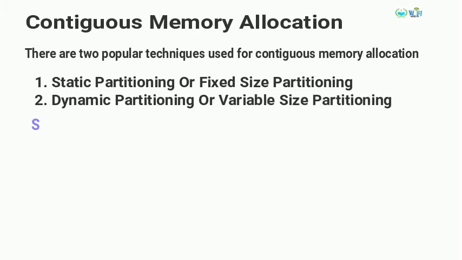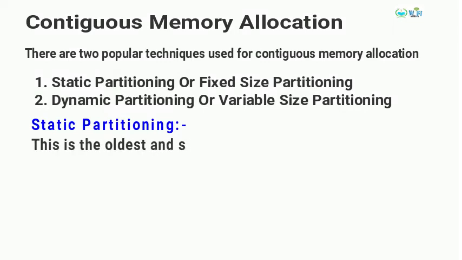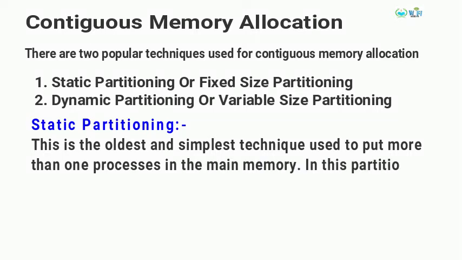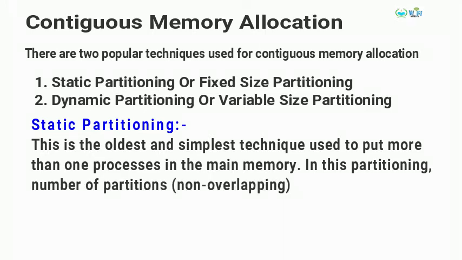Static partition is the oldest and simplest technique used to put more than one process in the main memory. In this partitioning, the number of non-overlapping partitions in RAM is fixed, but the size of each partition may or may not be the same.